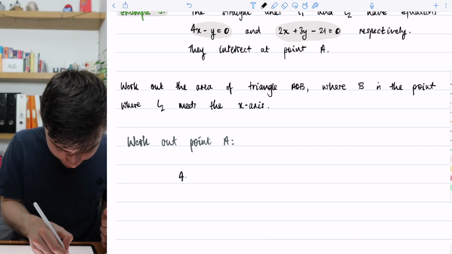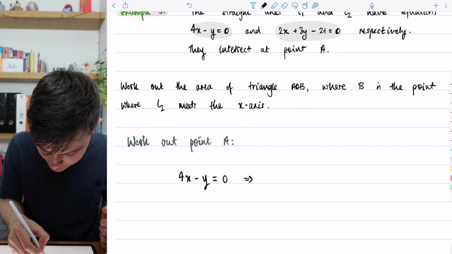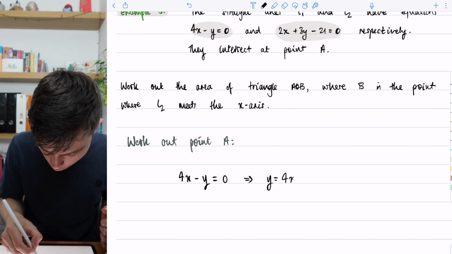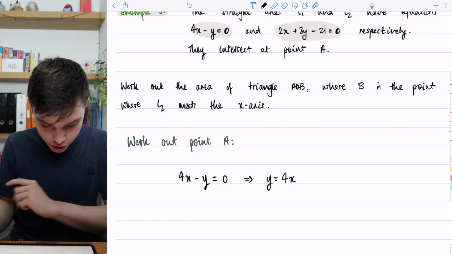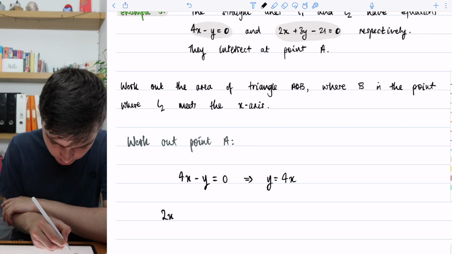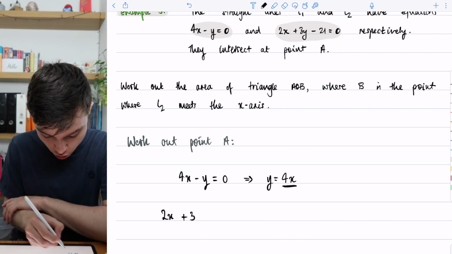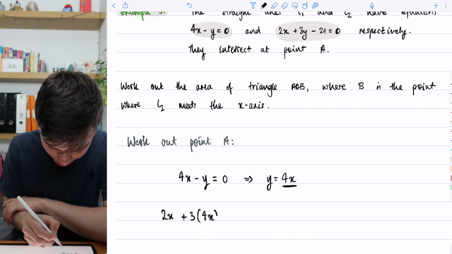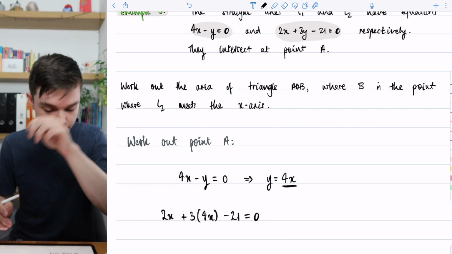So 4x minus y equals 0 from L1. I'm going to add y to both sides to get y equal to 4x. I'm then going to substitute. From L2, 2x plus 3y, which is now 4x, so I'll substitute that in, minus 21 is equal to 0.